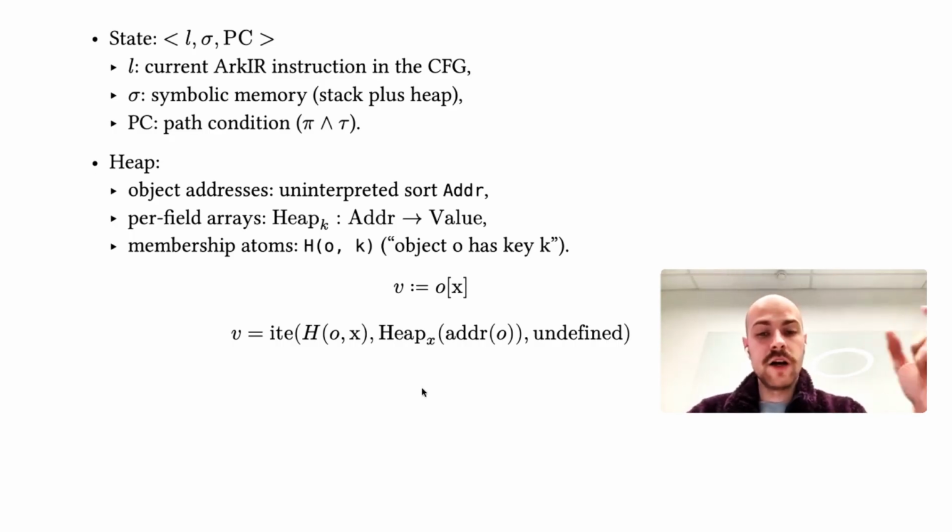These are Boolean atoms about whether some object O has key. For example, if we know that object O must have key X, that means that it should return the exact value, not undefined. And we can create the corresponding symbolic expression for it, that V is equal to reading from the memory if this object has this field, or undefined otherwise.